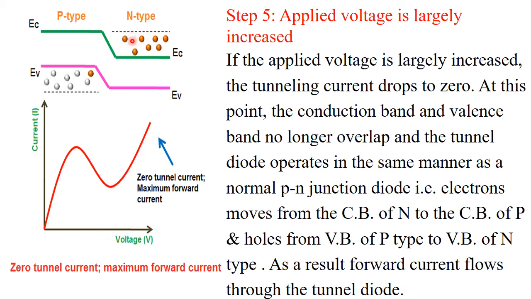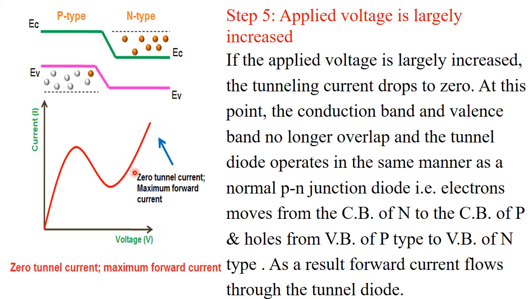Hence the electrons present in the conduction band of n type will go to the conduction band of p type. Similarly, the holes in the valence band of p type will go to the valence band of n type. So that is a flow of charge carriers as per the normal diode working, and hence again as you increase the voltage across the tunnel diode, the current will keep on increasing.